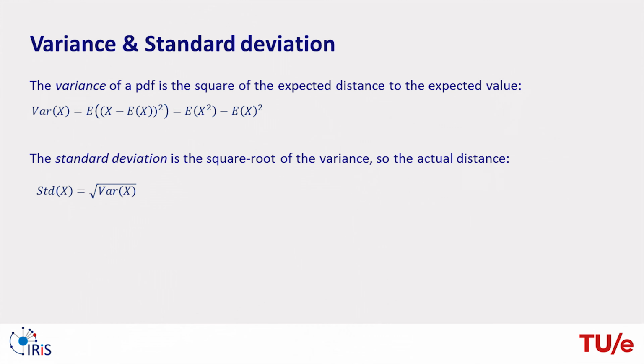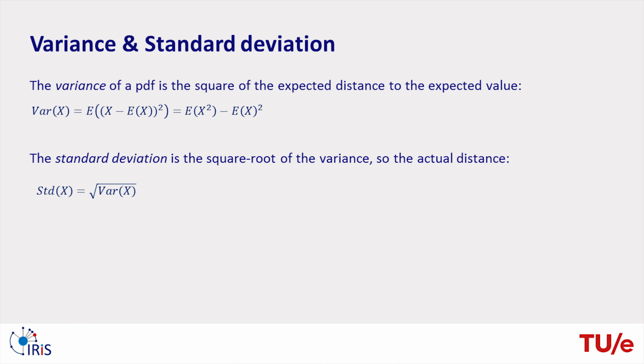The variance is a measure for the expected deviation from the expected value. The way it is defined precisely is that we take the square of the difference between the value that comes out of a stochastic variable and its expected value. So E of the square of x minus E of x. This, of course, if you compare it in physical units to the physical unit of a stochastic variable, is squared.